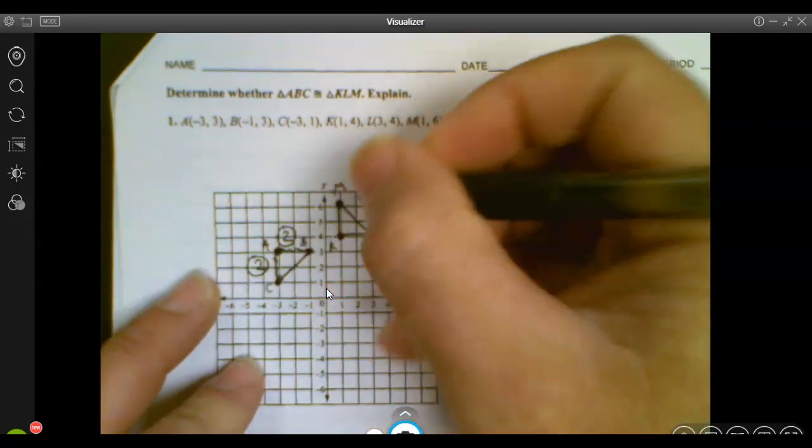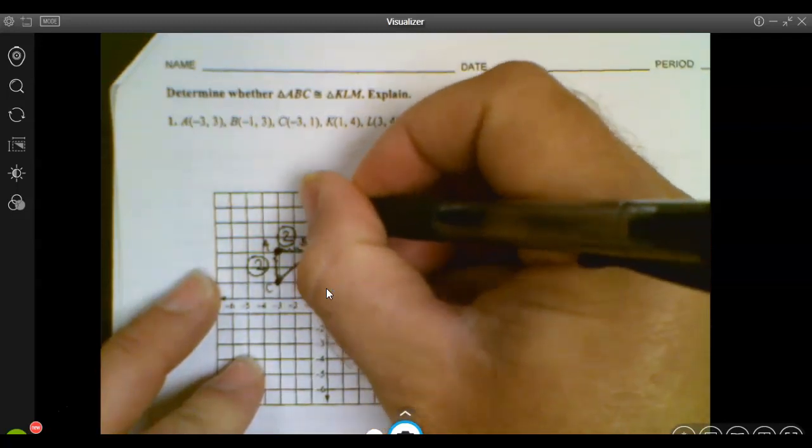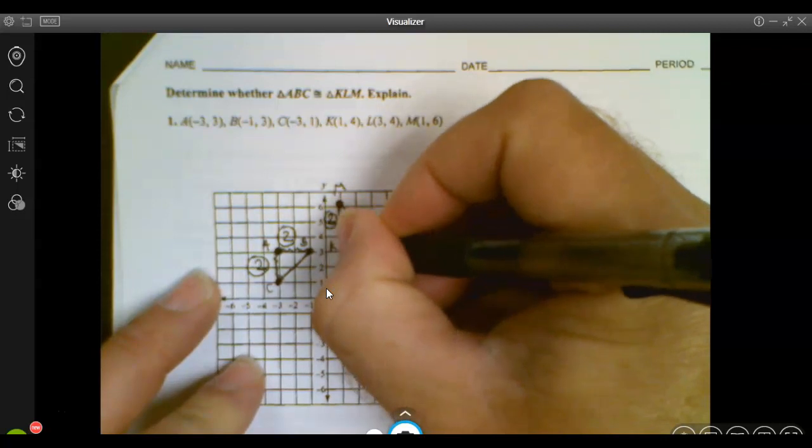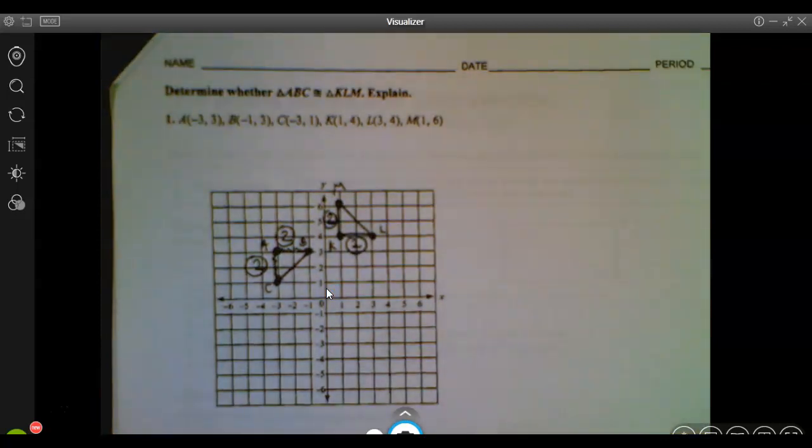So that's 2, that's 2, that's 2. I can tell just by counting that I have congruent sides. I'm not doing a full-blown proof right now. We're just trying to determine if these triangles are congruent. So I can count to show that those 2 legs of each triangle match up in length.